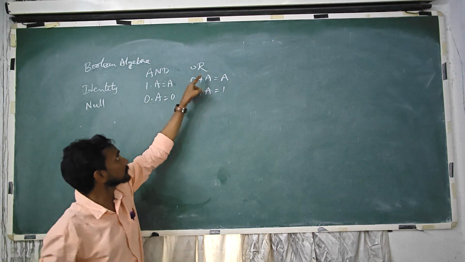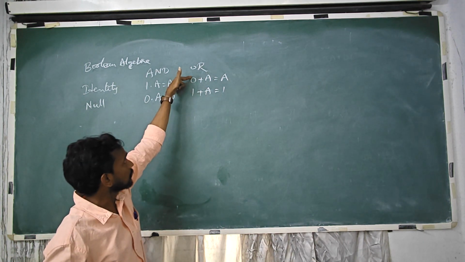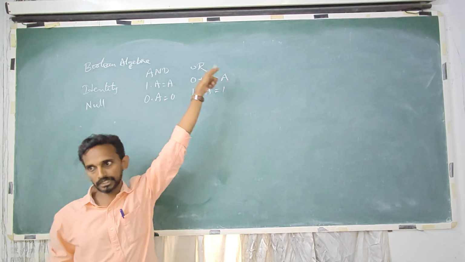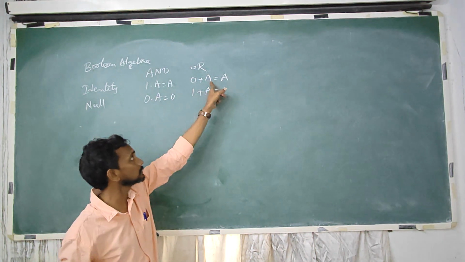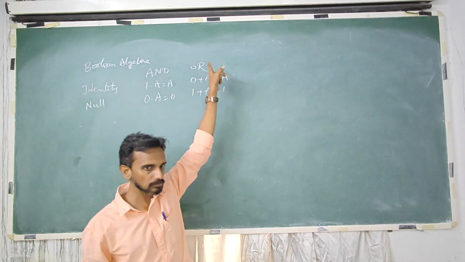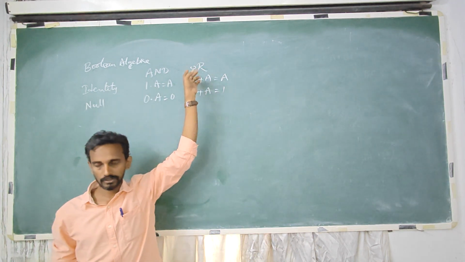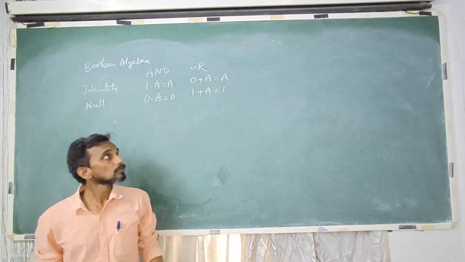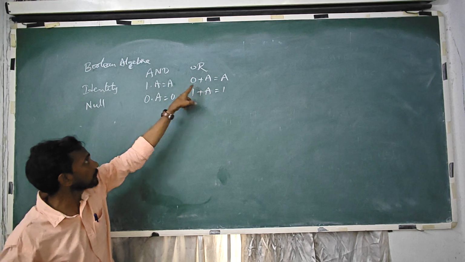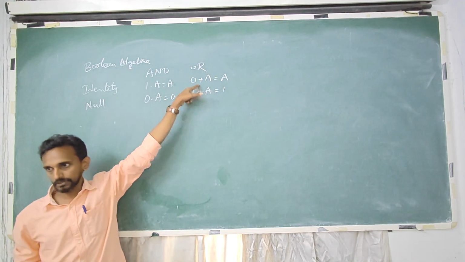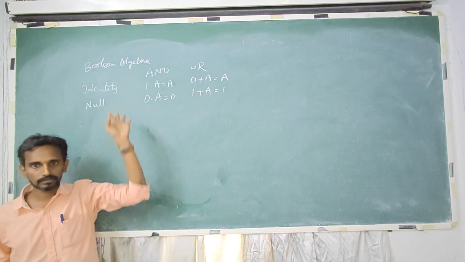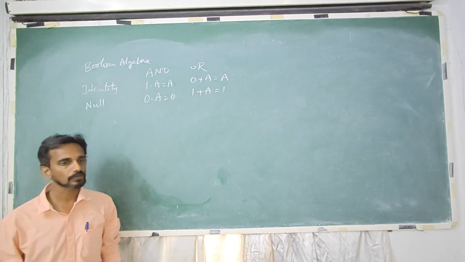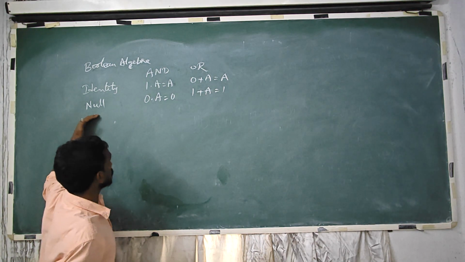For OR operation, if you add 0 you get the same output. For addition, the identity operation is adding 0, and for multiplication, multiplying with 1 is the identity operation.